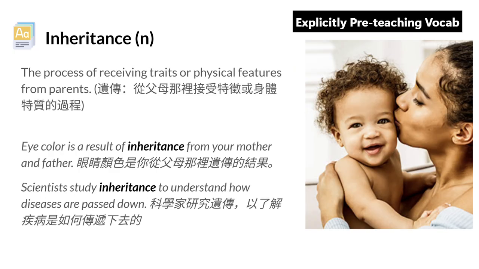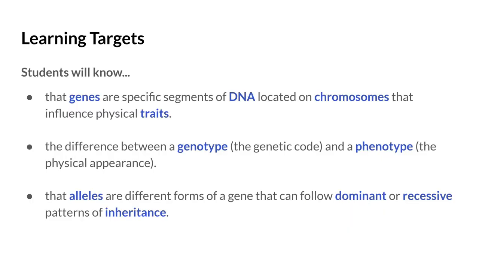Right? Inheritance is the noun of inherit. Right? It is the topic of this lesson. How does inheritance work? By the end of today's lesson, you should know these three learning targets.